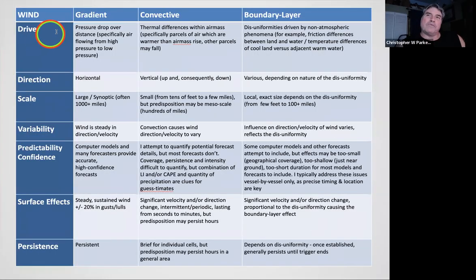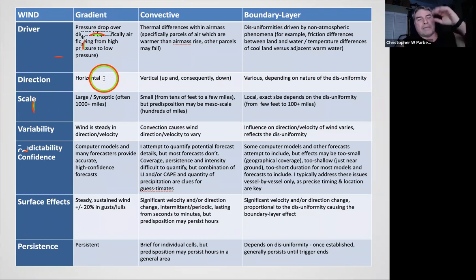When we're thinking about wind, we talked about the gradient wind thus far. And these are some characteristics of the gradient wind. It's driven by a pressure drop over distance, and that is air flowing from high pressure to low pressure, but it does so in a kind of circular fashion. The direction of that wind is horizontal. It's not so much up and down.